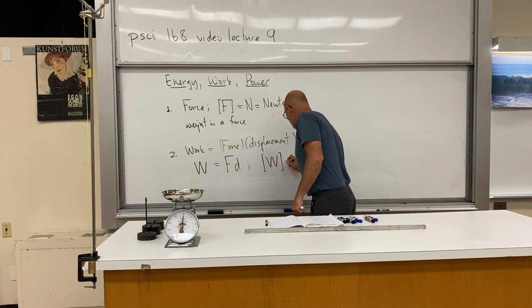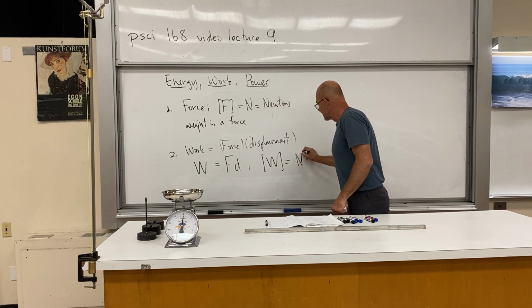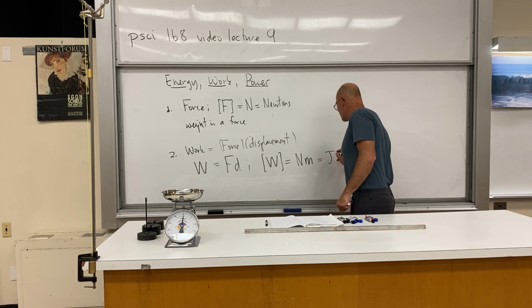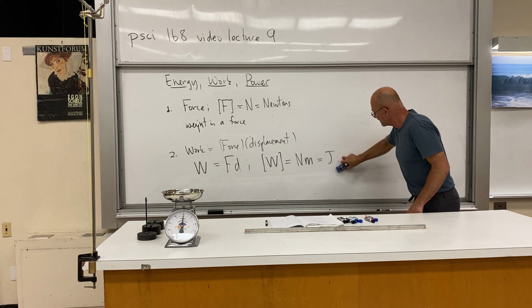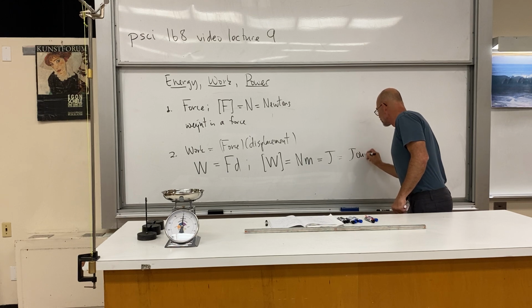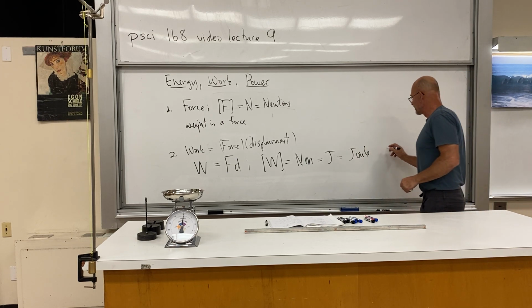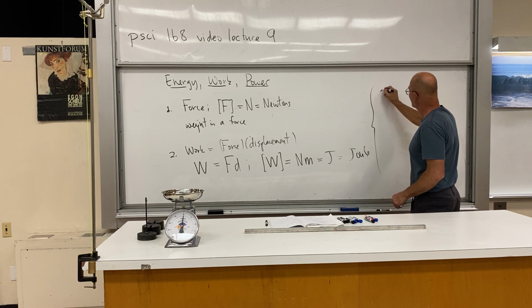So I do the square bracket, and we know the newton is the force, the meter is the displacement. So the newton times the meter is the joule. J is the abbreviation, the word is joule.